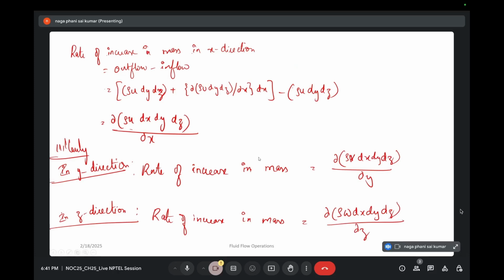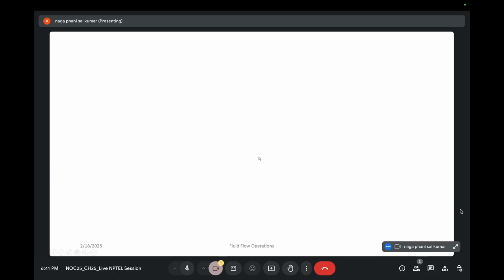So now total rate of increase in mass, that is total mass that is accumulated, will be equal to the combination of all the three, right? You just have to add all the three in x, y and z directions.